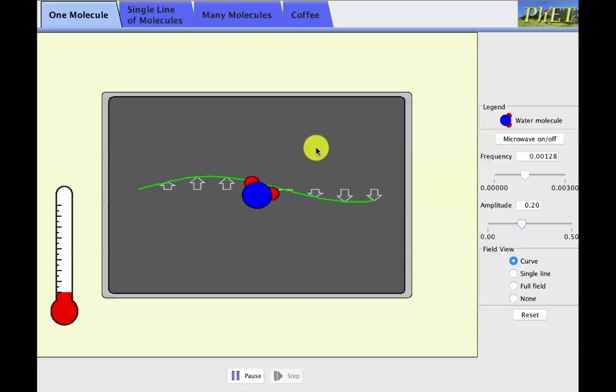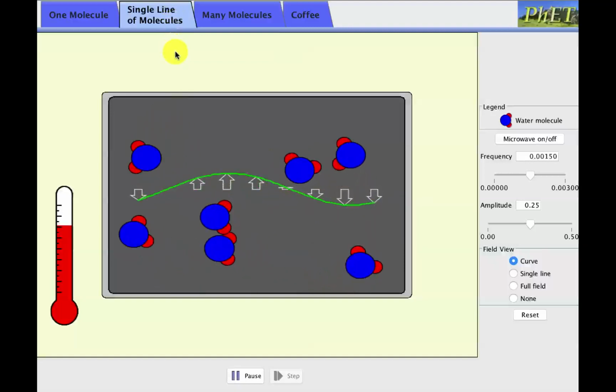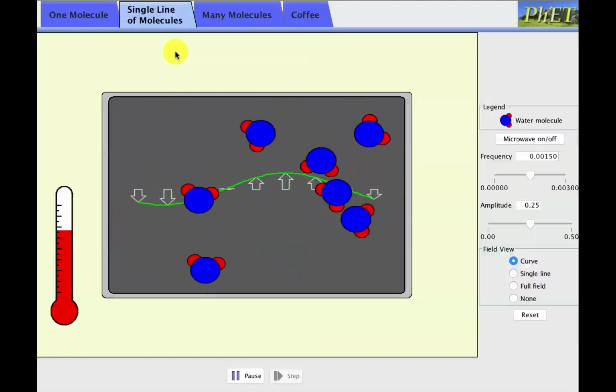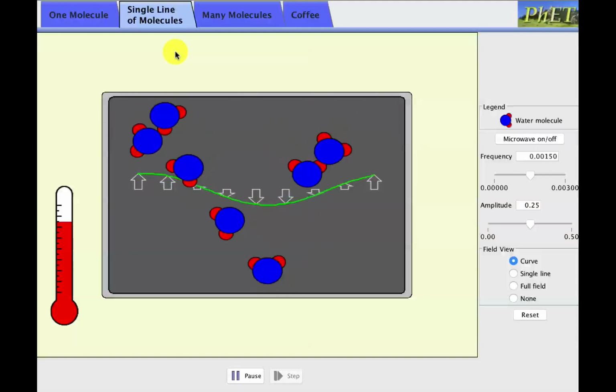Now, there is no such thing as the temperature of a single molecule. Heat and temperature are concepts when you have many, many molecules. So let's take a single line of molecules. I'll click on that over here. And you can see that these molecules are randomized. Their energy gets randomized.